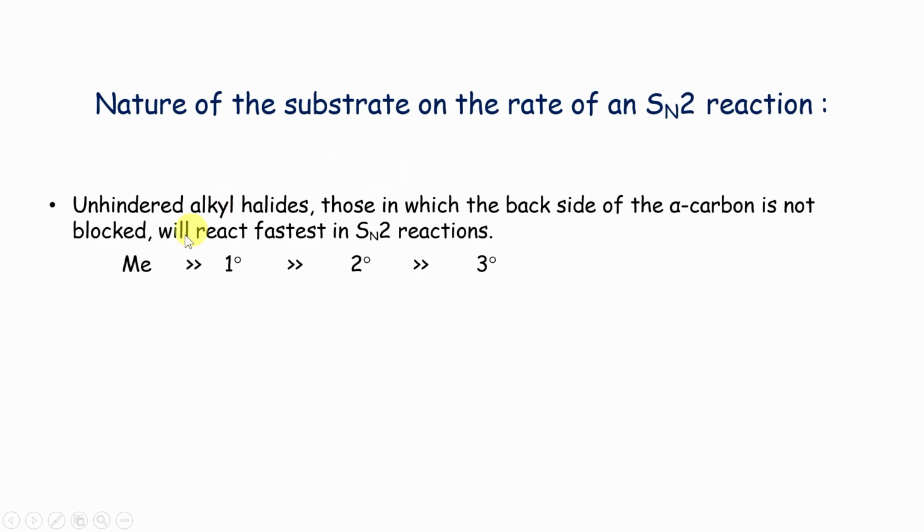An unhindered alkyl halide, that means one in which the backside of the alpha carbon, where the nucleophile has to enter to attack the electron-deficient or electrophilic carbon of the substrate molecule, is not blocked, will react fastest in SN2 reactions.